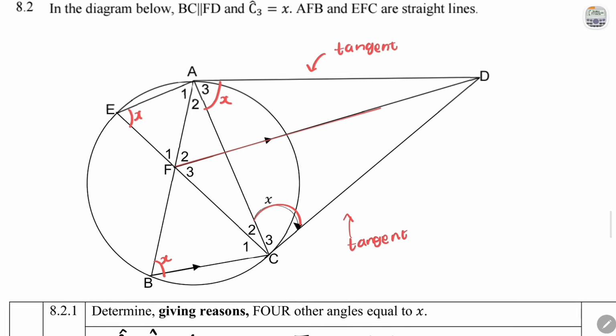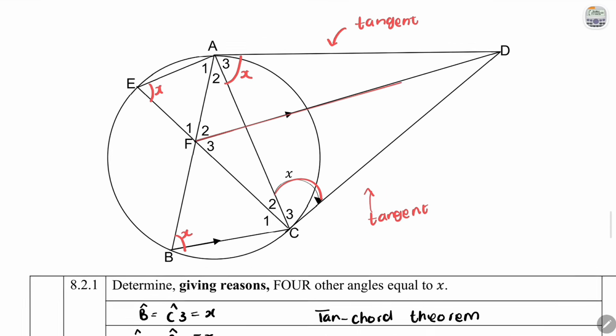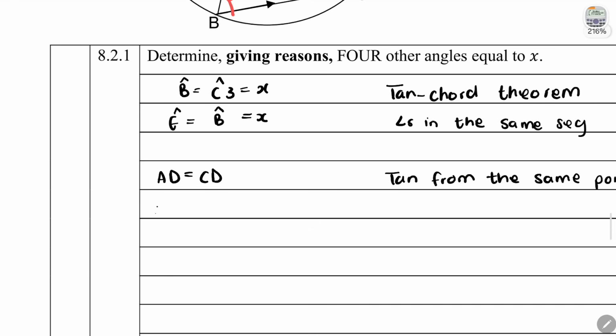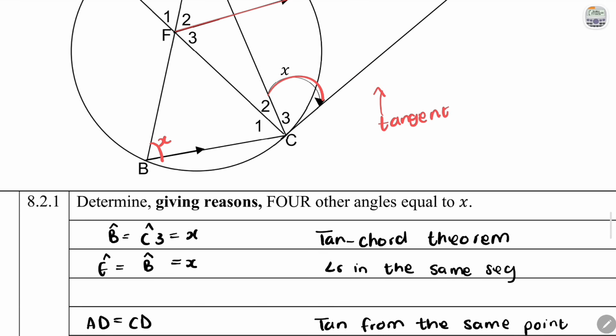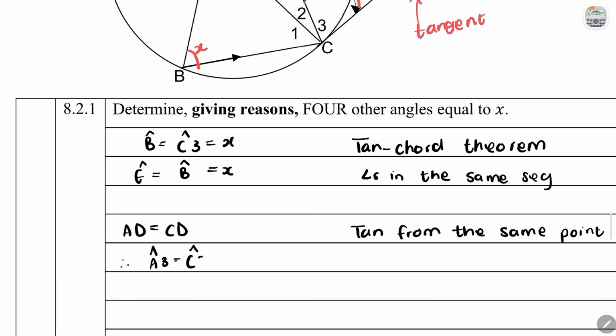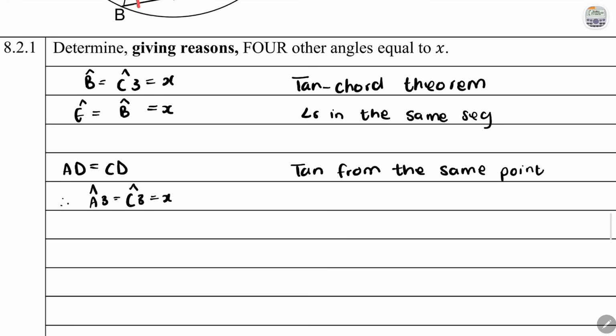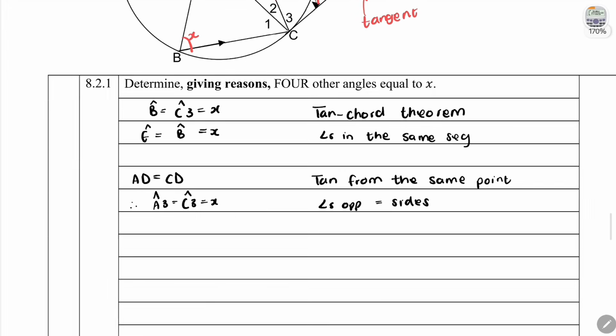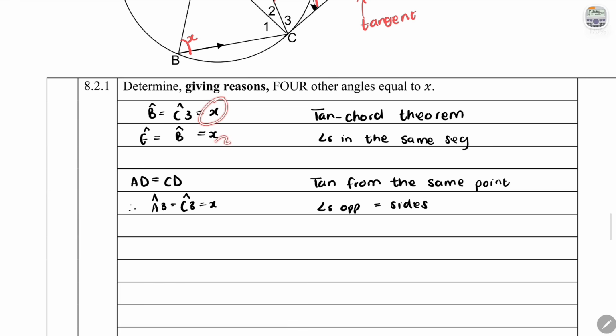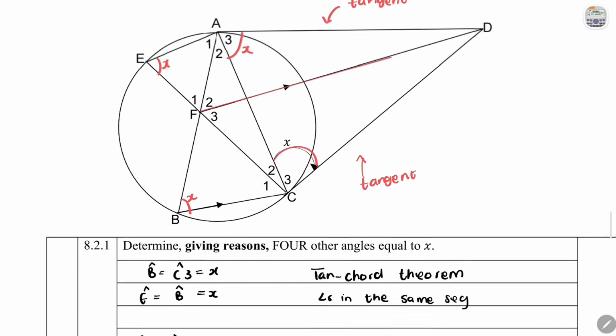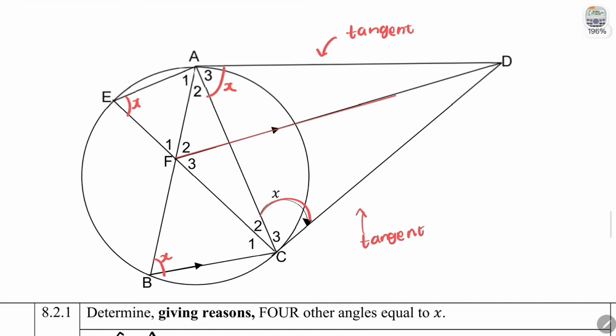Now that we show them that those lines are equal, their angles are therefore equal. So angle A3 is equal to angle C3, and so that is equal to x, because we have angles opposite equal sides being equal. Okay, so that is three angles that we have proven are equal to x so far.